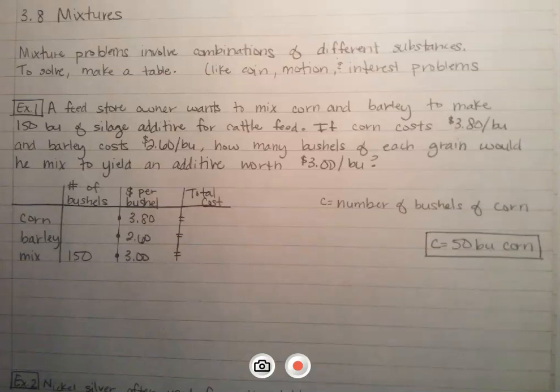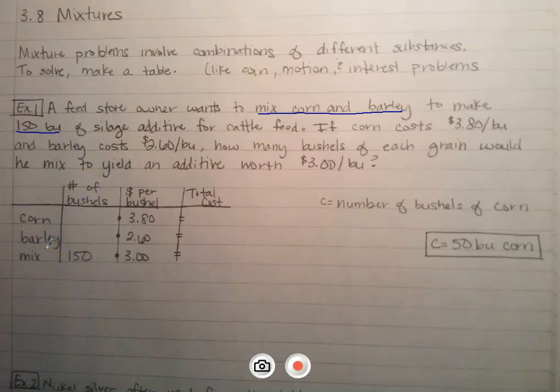Okay, so a feed store owner is going to mix corn and barley to make 150 bushels, BU is bushels, of silage additive for cattle feed. So that's why we've got corn and barley here, and this mixes the silage. And so I have in my table the number of bushels, and I put 150.